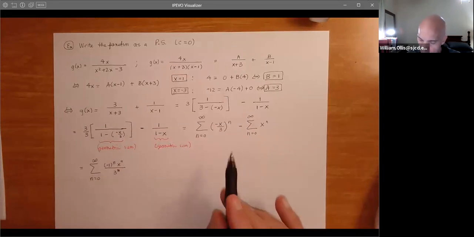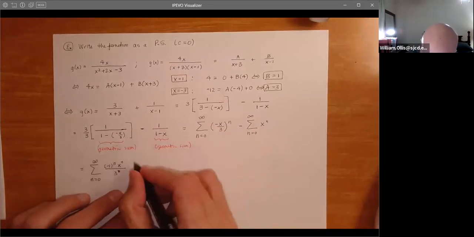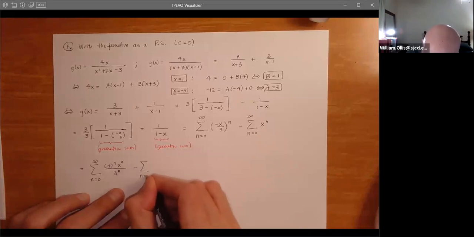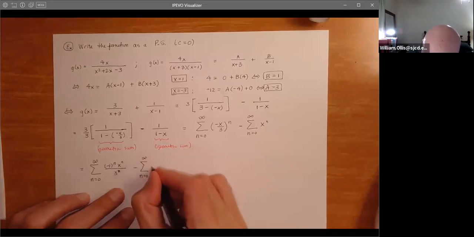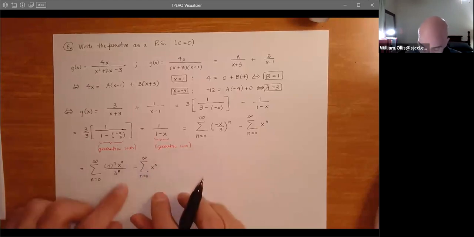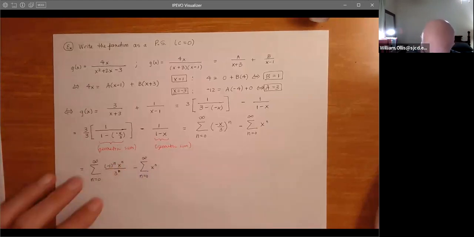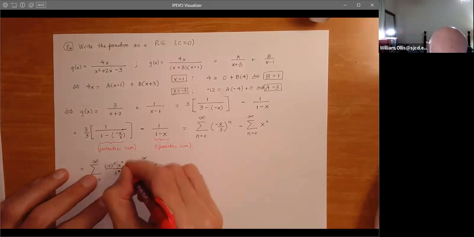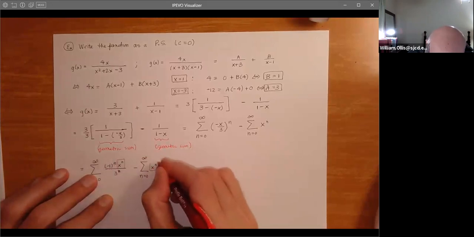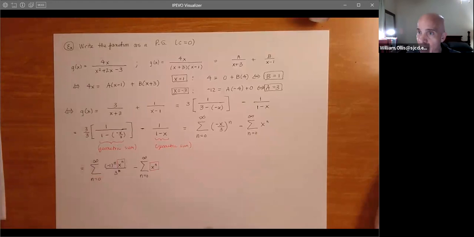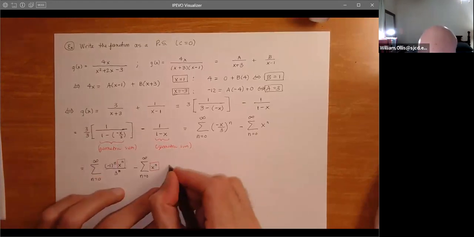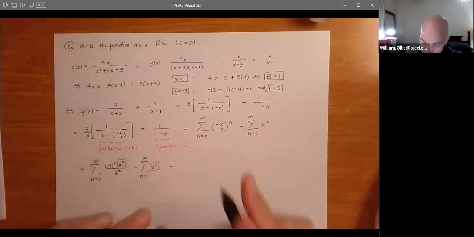This is all good to go, because now if we subtract the other, we can use the last property. Notice now we have the same power of x, so we can add them, in this case, subtract. We have the same power of x, so this is just like the last property. So we can merge these.